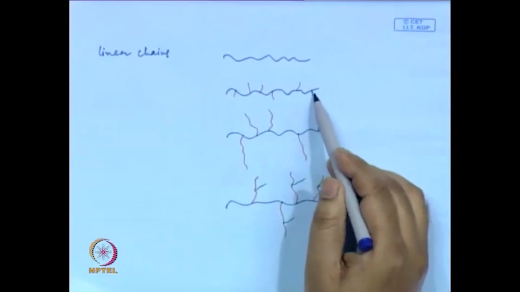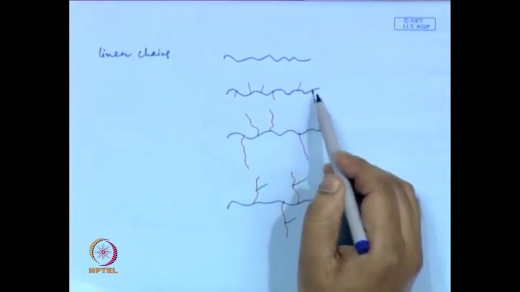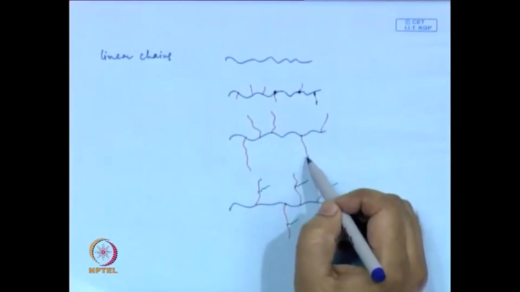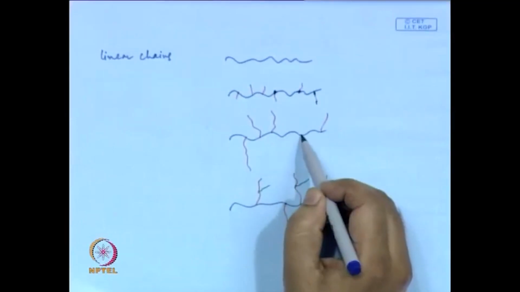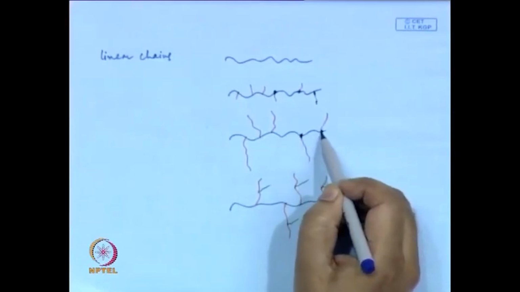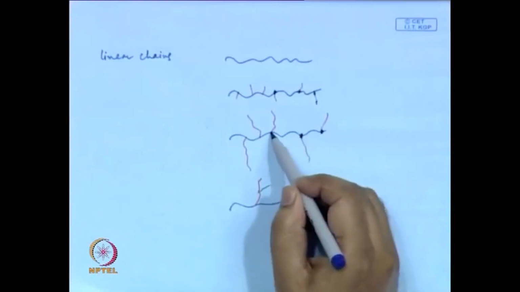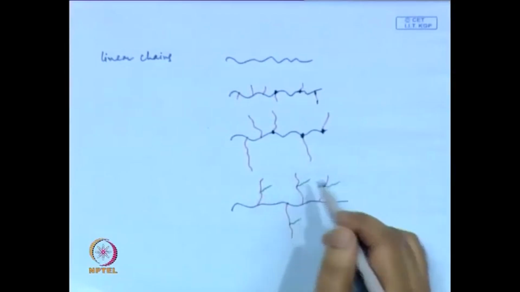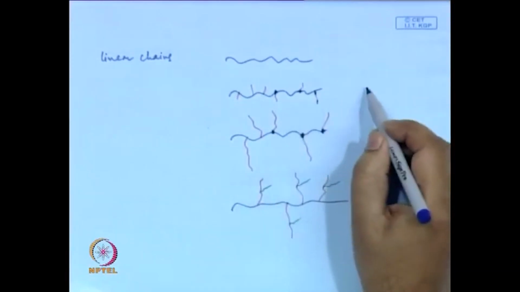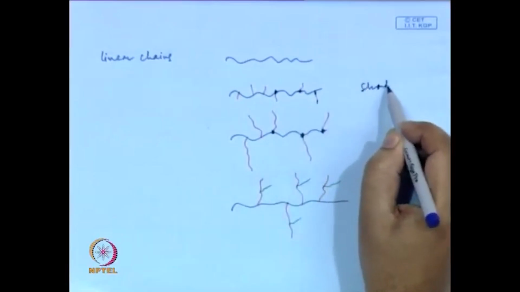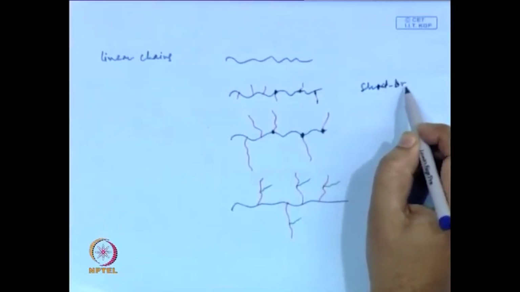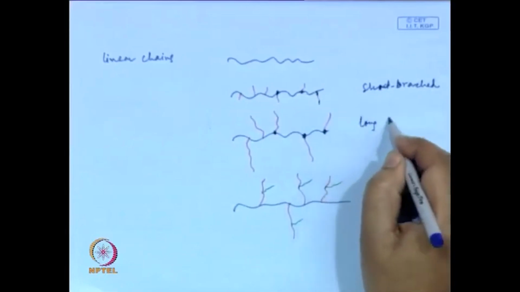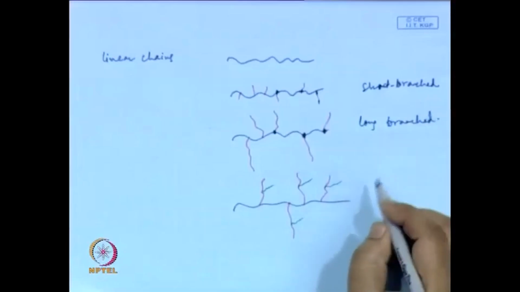In this case, the length of the branches is much smaller compared to the length between two branching points, whereas in this case the length of the individual branches is comparable to the length between two branching points, and in this case branches also have sub-branches. So, we call this short branched, this is long branched, and this is hyperbranched.